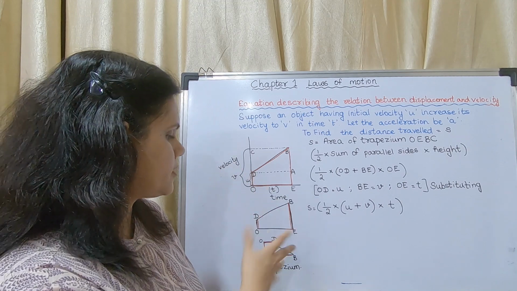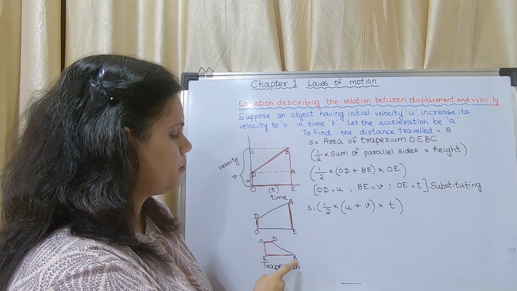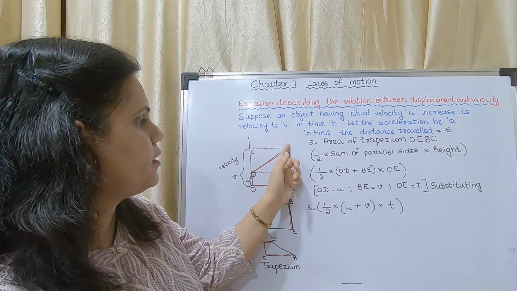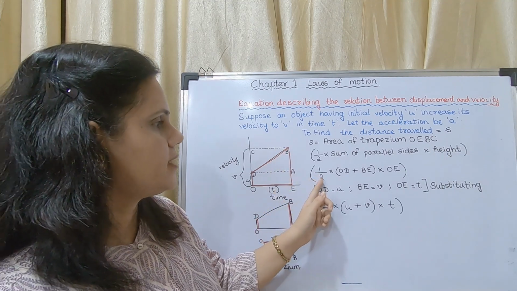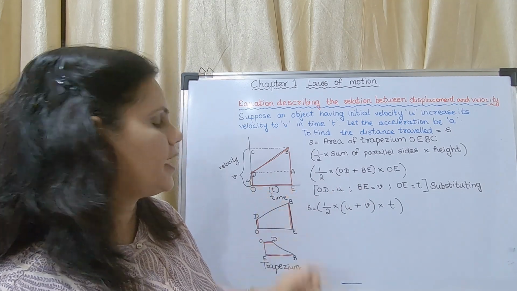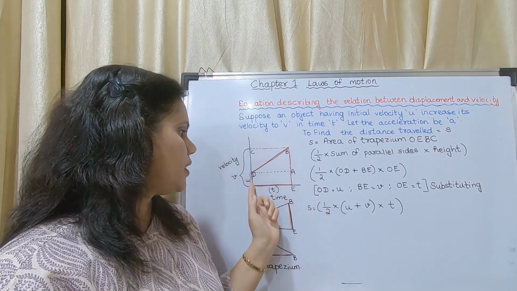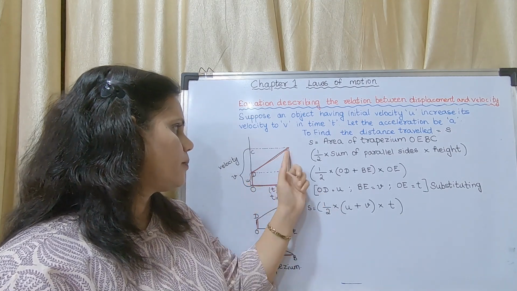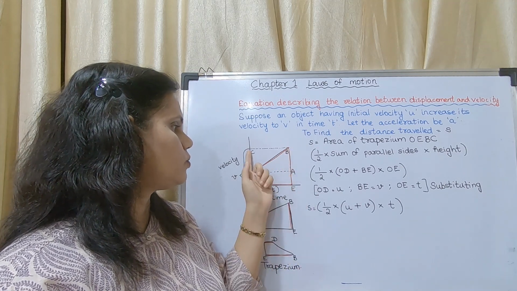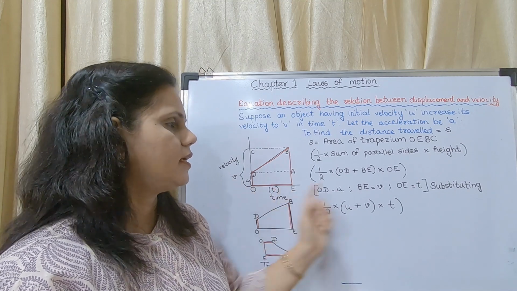If I rotate towards the right, you will get the trapezium like this. So you will get half into OD plus BE into height. The height is OE. OD is equal to U, BE is equal to CO is equal to V, and OE is equal to T.